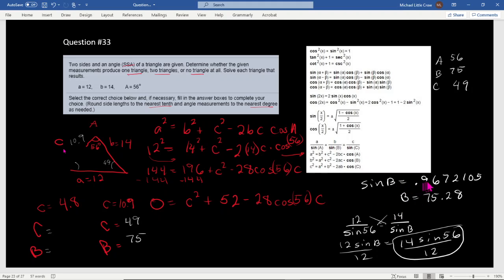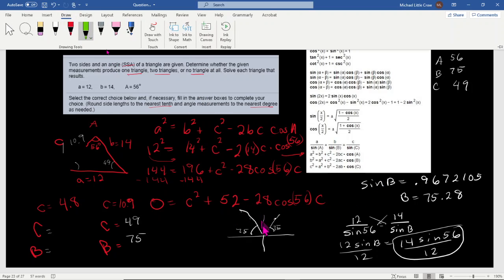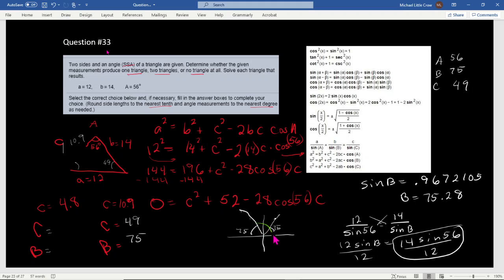So sine of B is positive 0.96, so that means it's close to 1, right? 75, here it is, we got 75 degrees here, which means the other place that would be similar would be over here, which has a reference angle of 75, which means 180 minus 75 gives us that other angle. So this is the second angle that B could be.